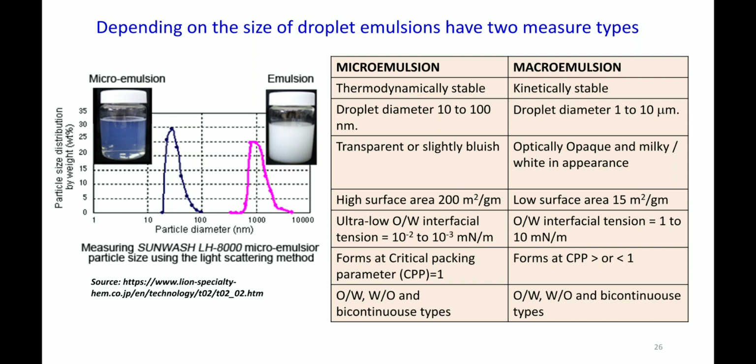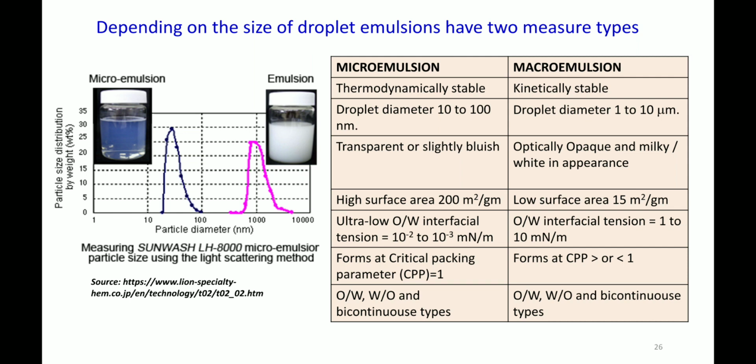On the left hand side you can see a chart, where the x-axis is the particle diameter, the unit is nanometer. Particle diameter means micelle diameter. On the y-axis you can see the particle size distribution by weight, that is the weight percent.